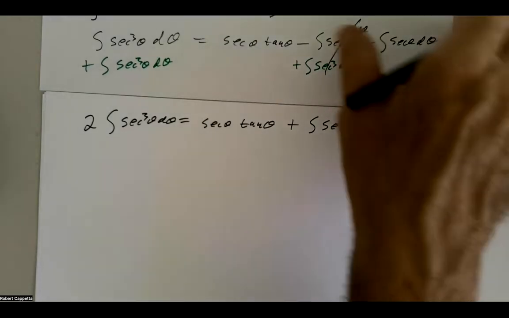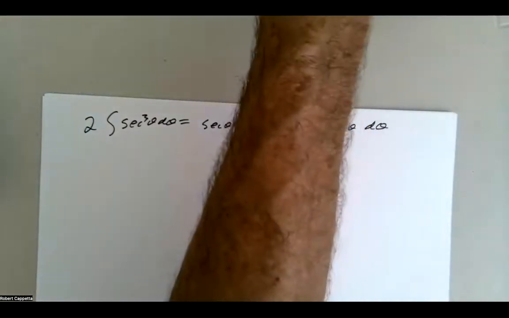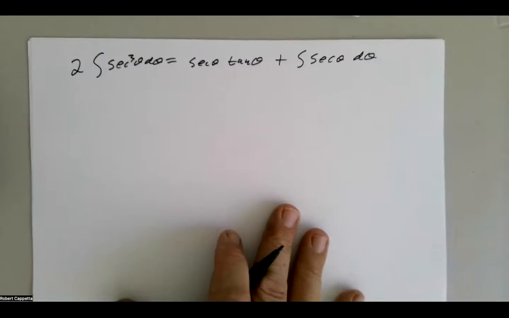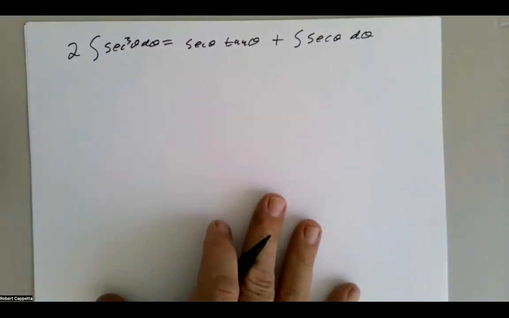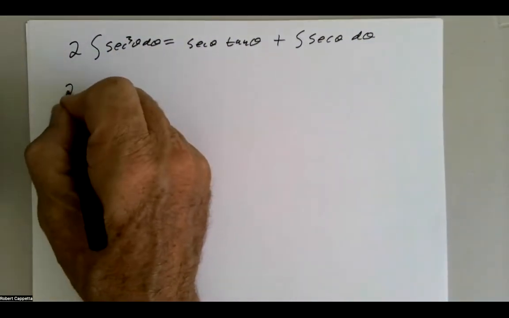The integral of secant theta is log of secant plus tangent. Maybe you have that memorized, or you can do that with a u substitution.